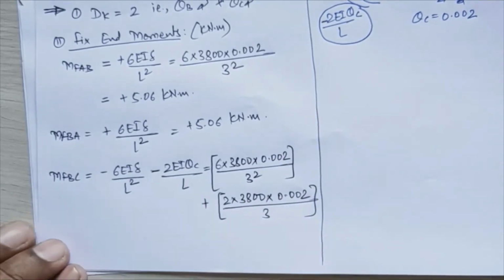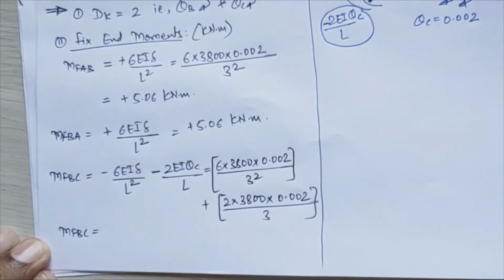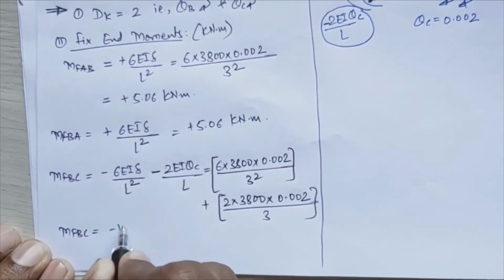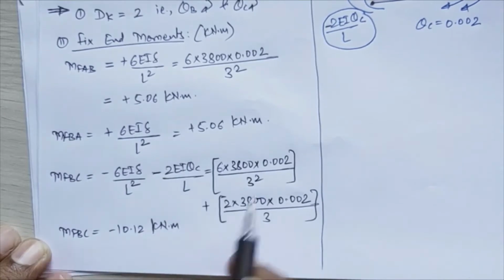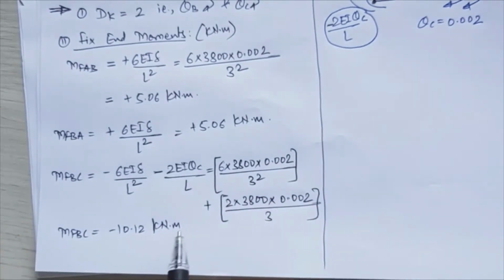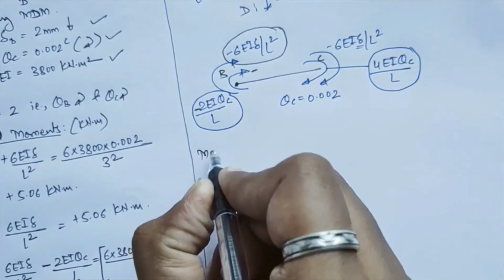Okay, if you simplify this value, for MFBC you will get minus 10.12 kilonewton meter. Some decimals may vary, but you will get almost minus 10.12.